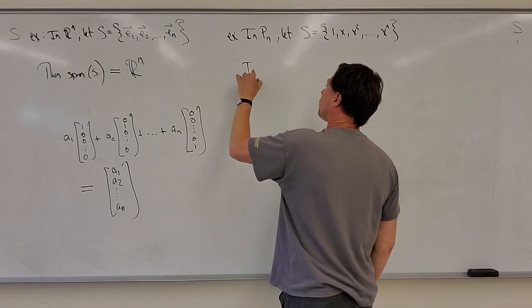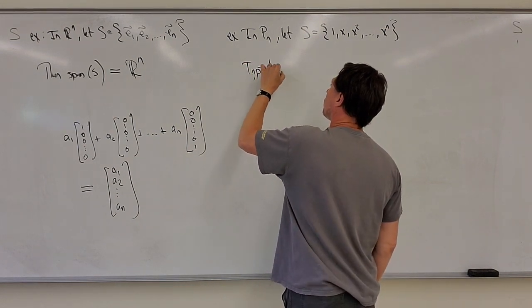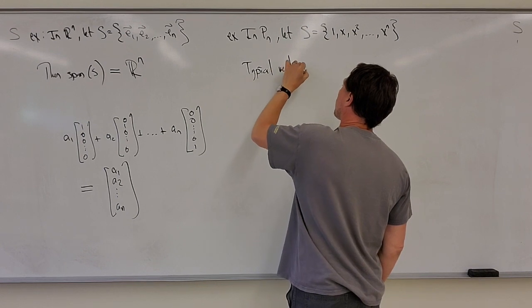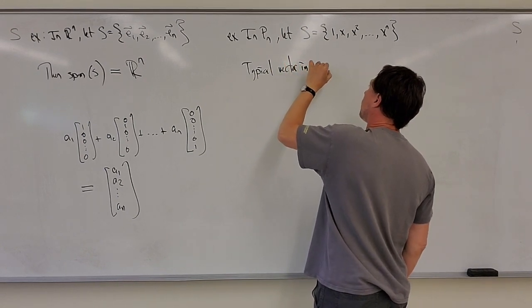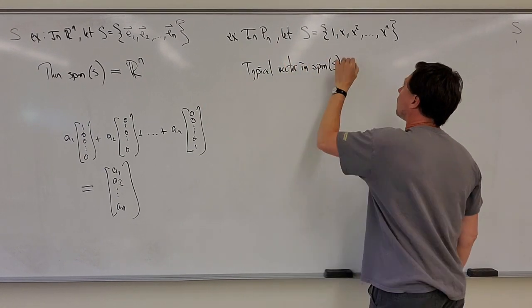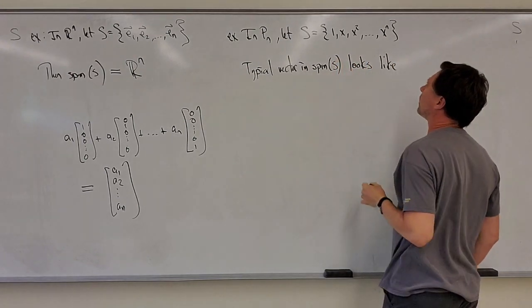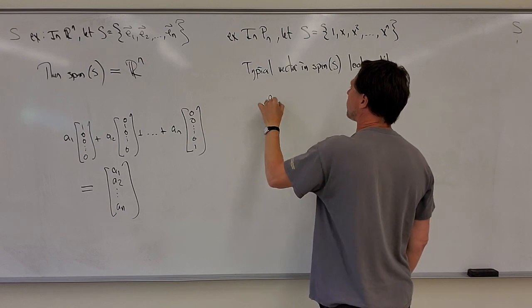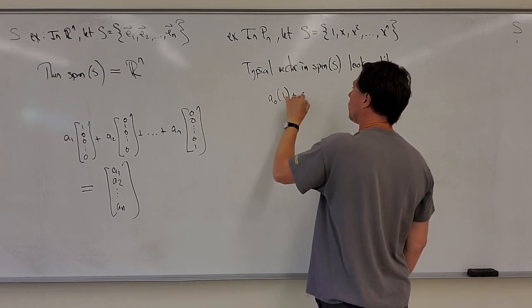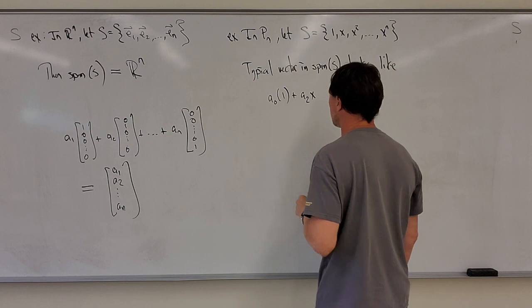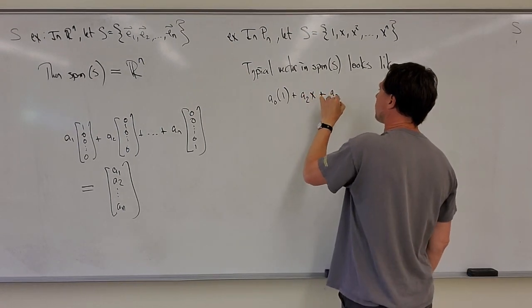Let's see what a typical vector in the span of S looks like. It looks like A0 times 1 plus A2 times x plus A3 times x.